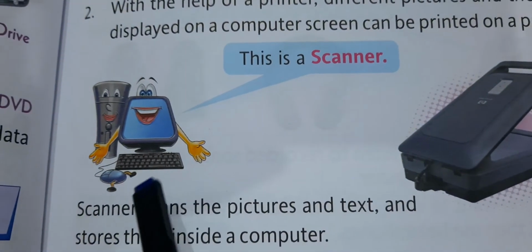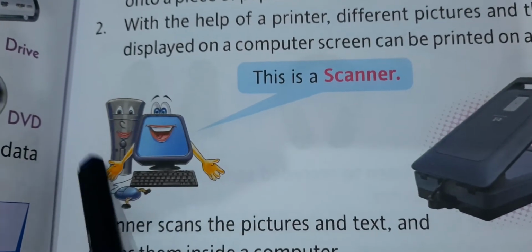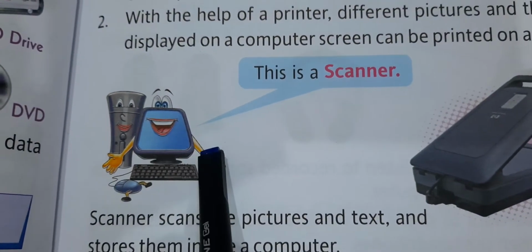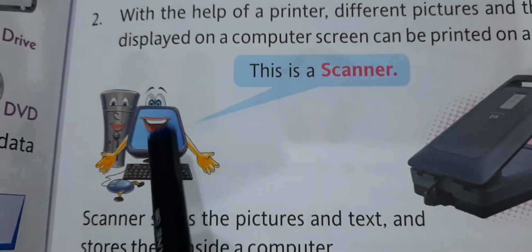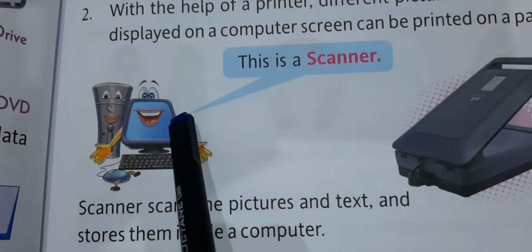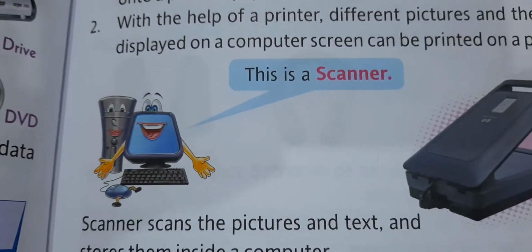What does it do? Means suppose if you want to scan this picture, if you want to take this picture from your book into the computer, what you will do, you will use a scanner. You will place this picture or this page in the scanner. It will scan this picture and then this picture will be displayed on the computer.